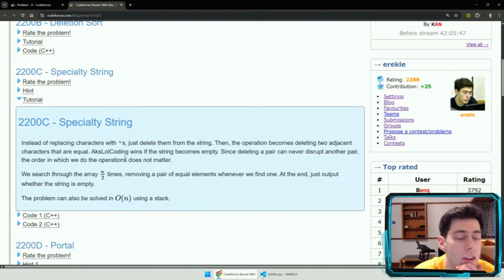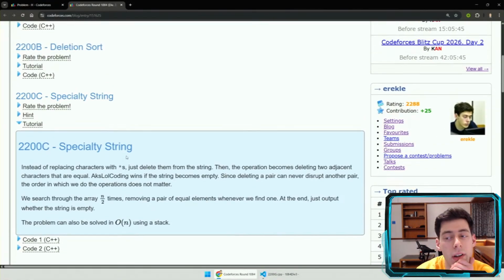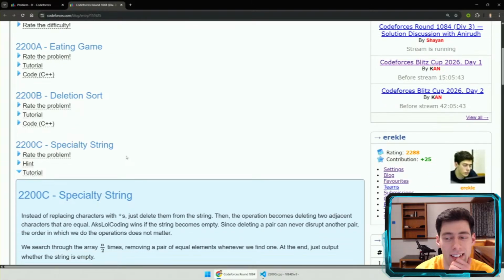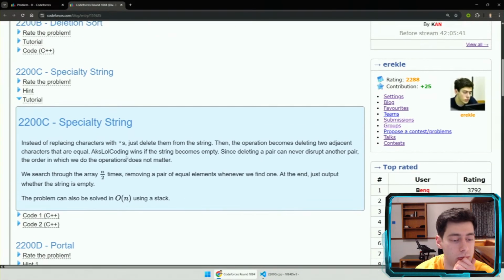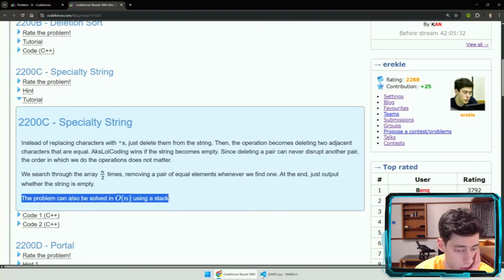Yeah, that's true. I didn't look at it that way, actually. I did this pretty badly. We go through the array n over 2 times, removing a pair of equal elements whenever we find one. This problem can also be solved in O(n) using a stack.